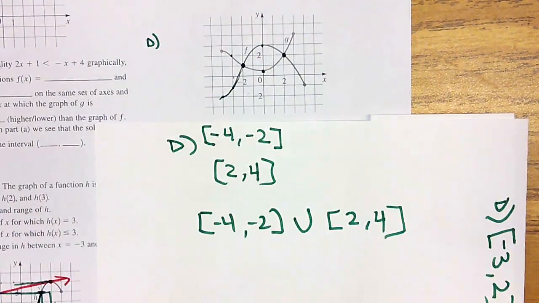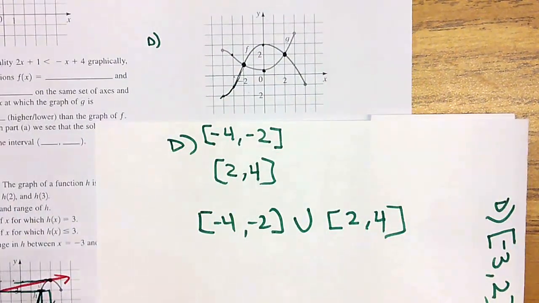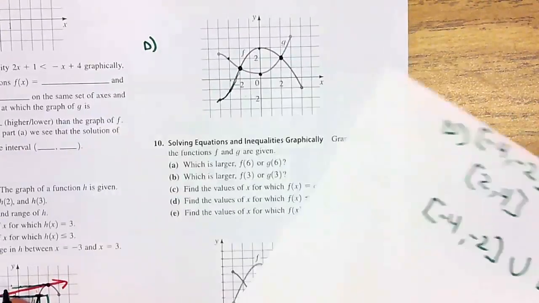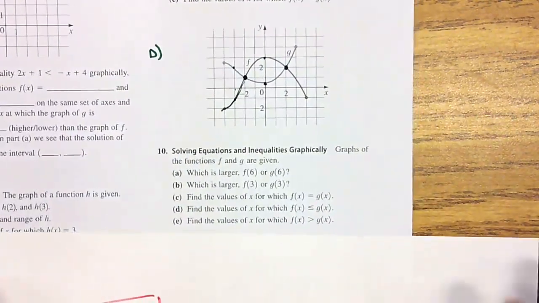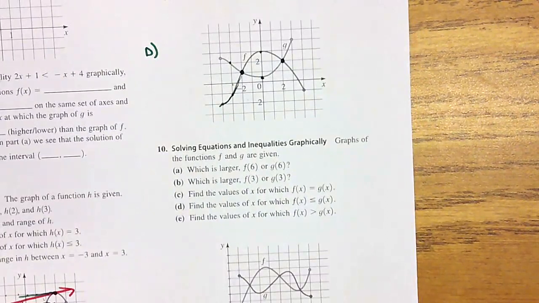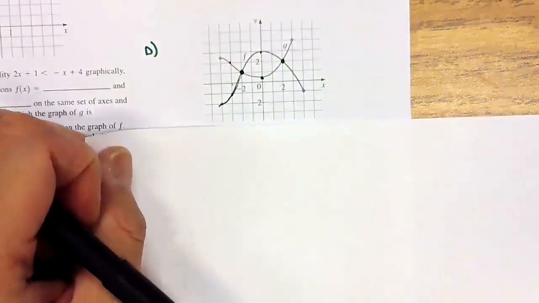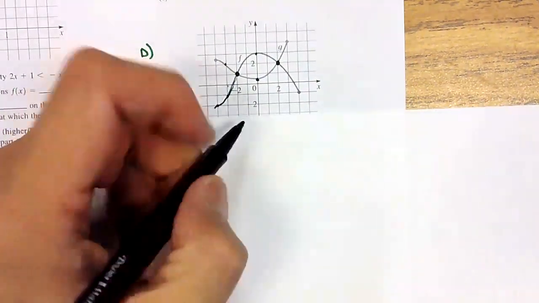Last one. Find the values of x for which f of x is greater than g of x. Where is f of x greater than g of x? Where is it above? -2 to 2, right? Okay.